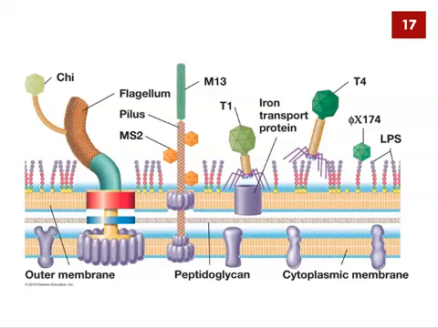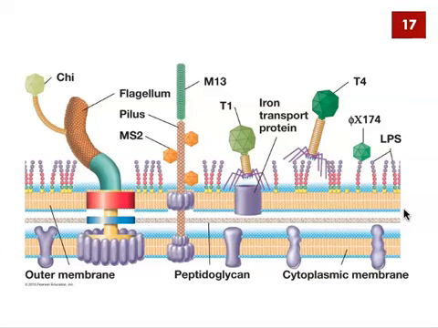This slide shows us a drawing that helps us understand the size differential between a bacterial cell and a bacterial virus, or a bacteriophage. What you're looking at is a small sliver of the membrane and cell wall that surrounds a gram-negative bacterial cell.